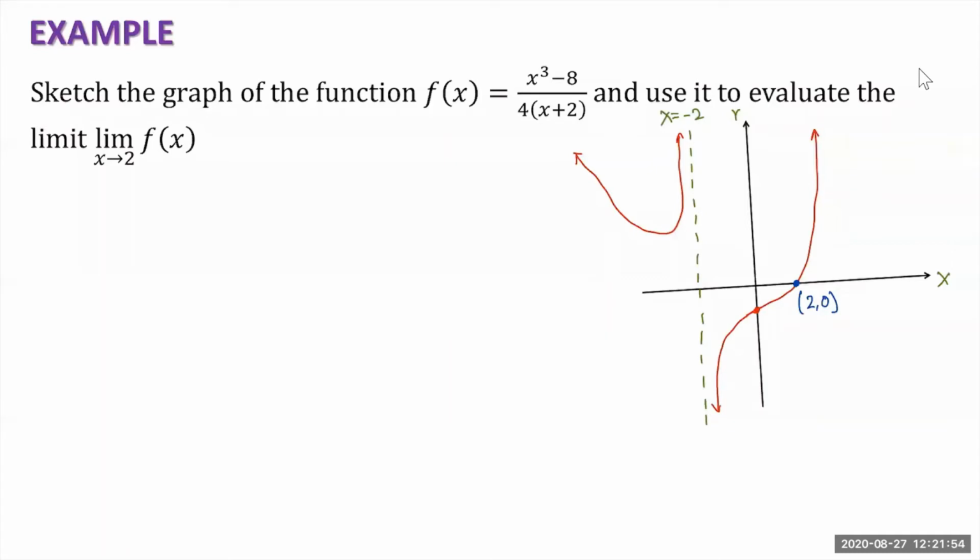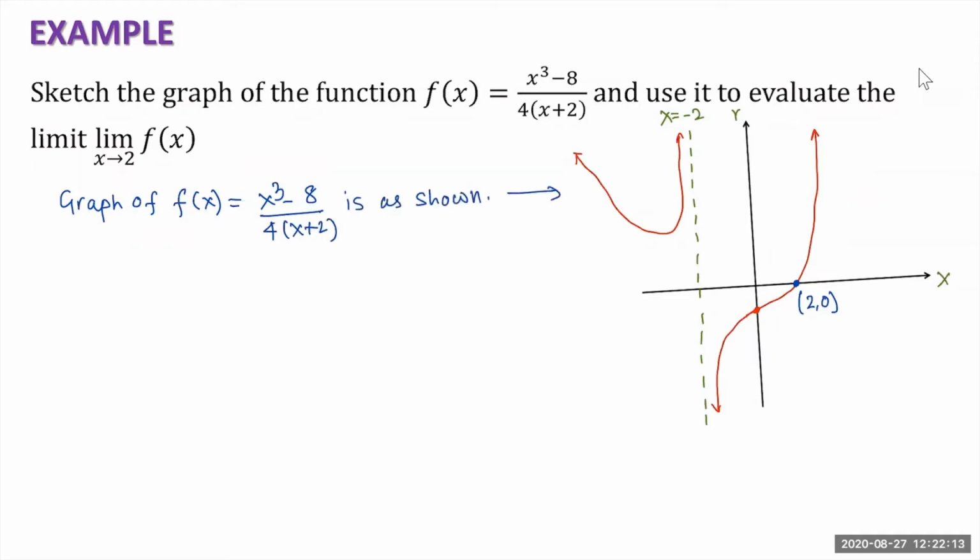Let's write this down. The graph of f of x equal to x cubed minus 8 over 4 times x plus 2 is as shown here.